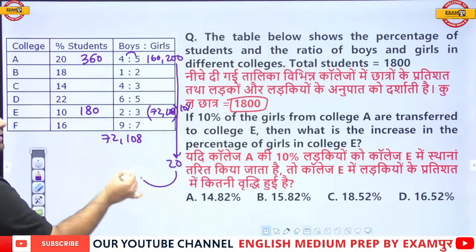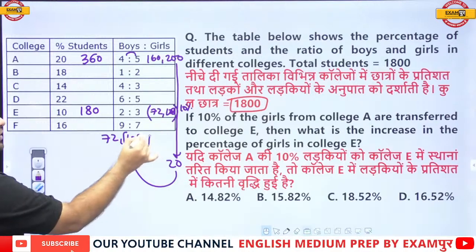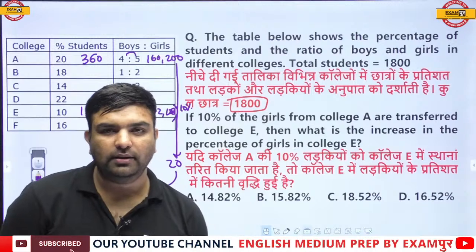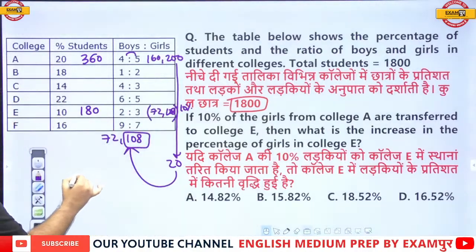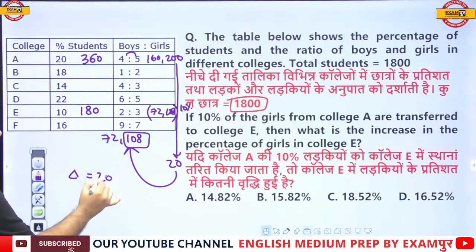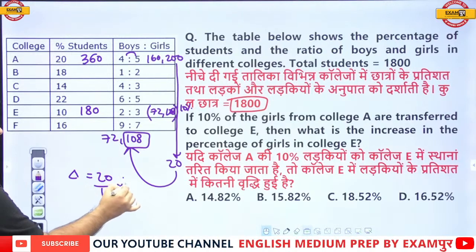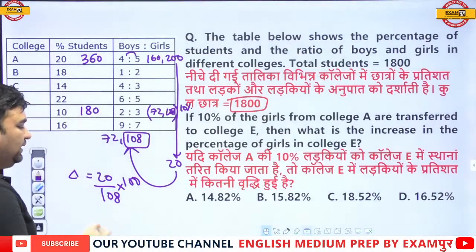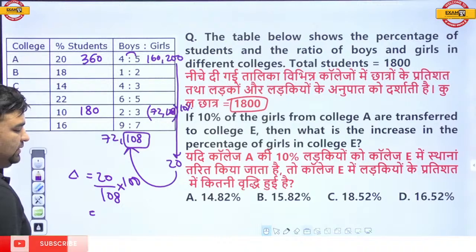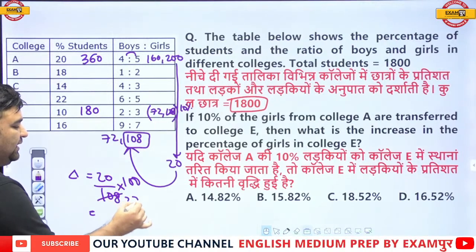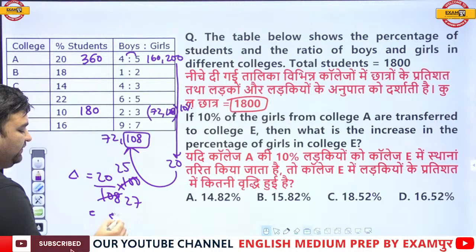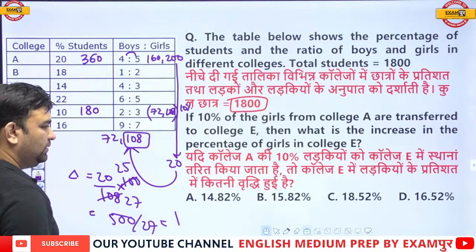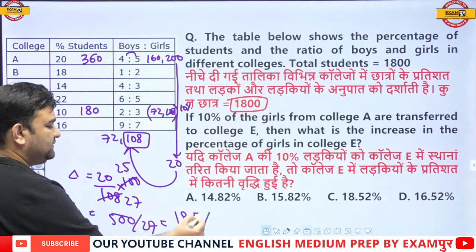You are transferring 20 girls to the college of 108 girls. So the increment is 20 over 108 into 100. 4 will simplify, 25 times 500 by 27, which is approximately 18.5%.